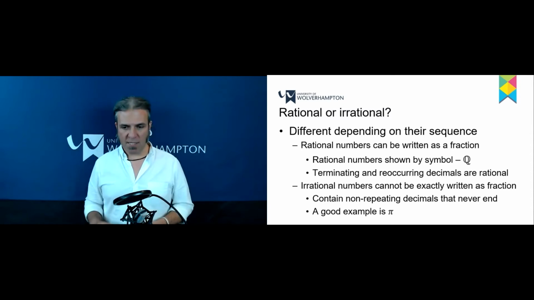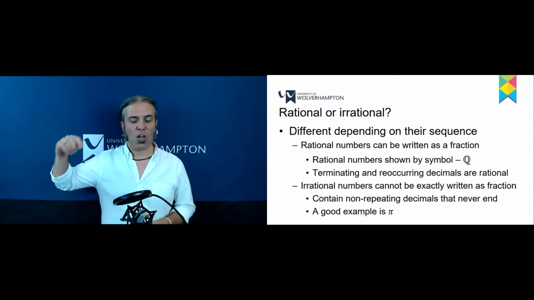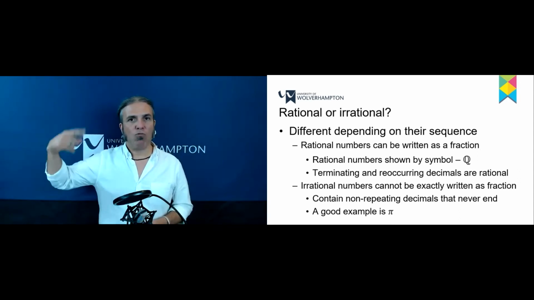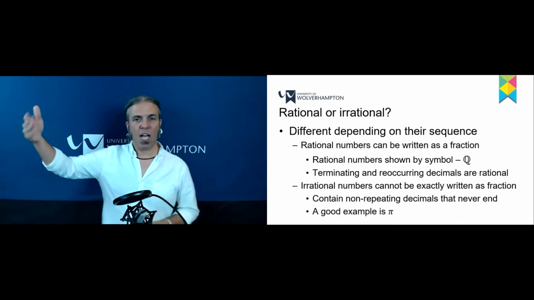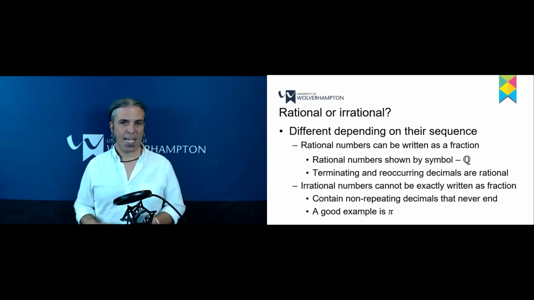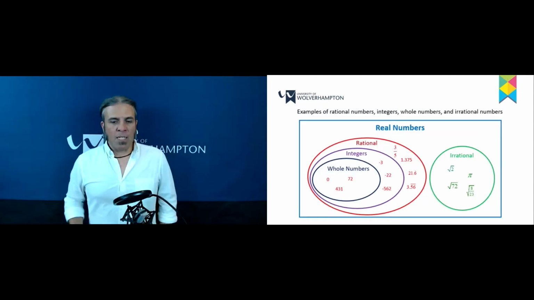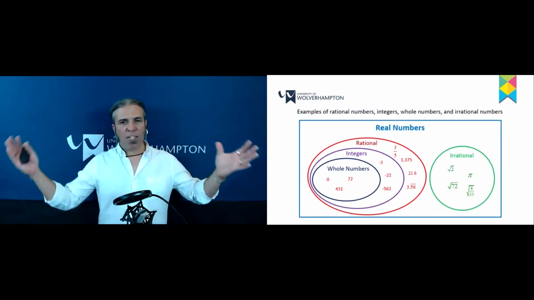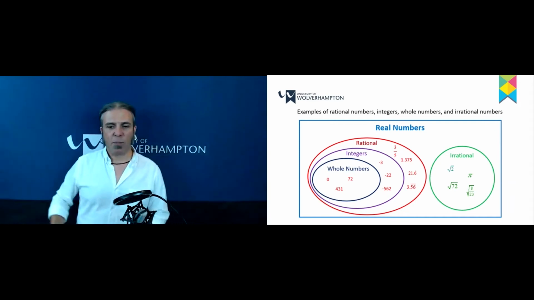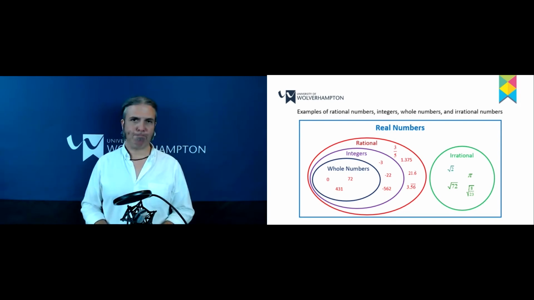Now, irrational numbers can't be written as a fraction, and what they have are non-repeating decimals. The numbers are always different. They never end. And a really good example of that is pi, because that keeps going and going and going. So this diagram here summarises what I've just said, and you can see the difference between integers, rational numbers, the whole numbers, and the irrational numbers there.